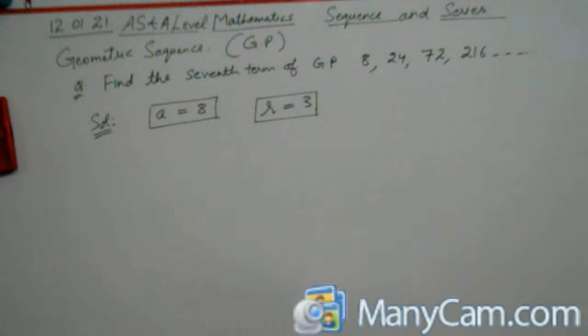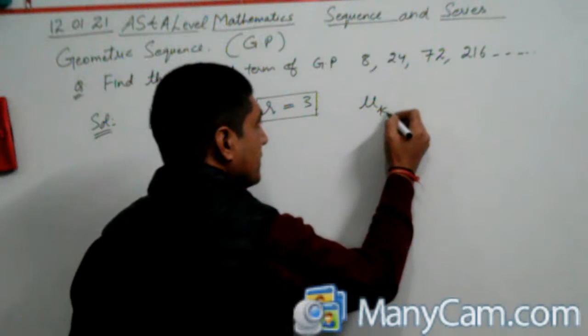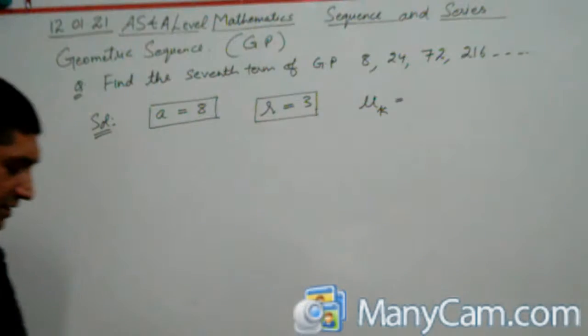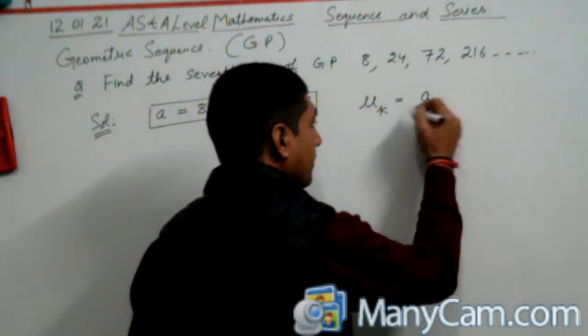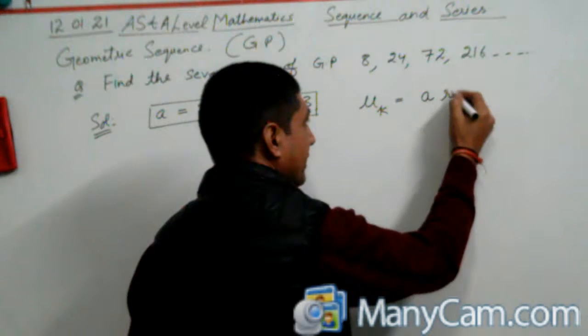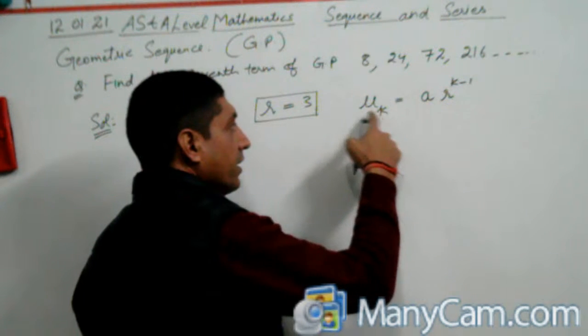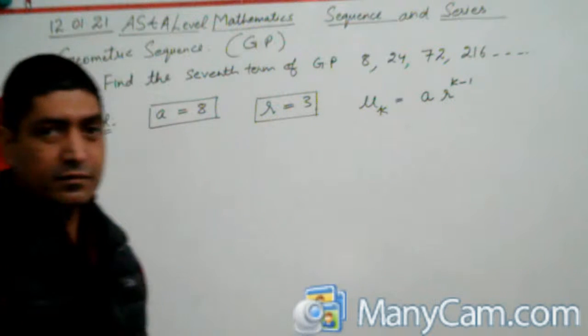Now we will apply the formula: the kth term u_k is equal to a times r raised to power k minus 1, one term less, or u_n is equal to a times r raised to n minus 1, right?